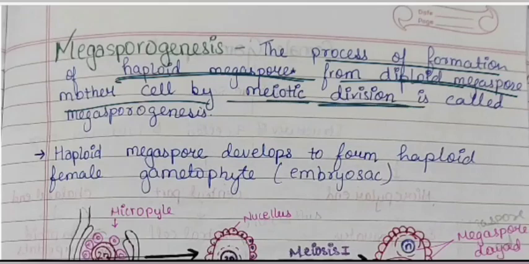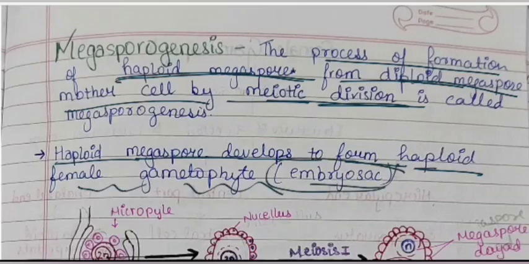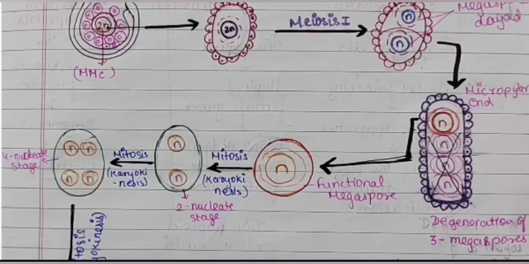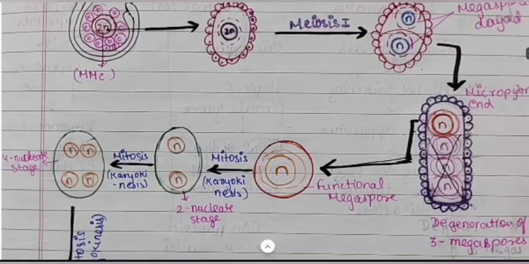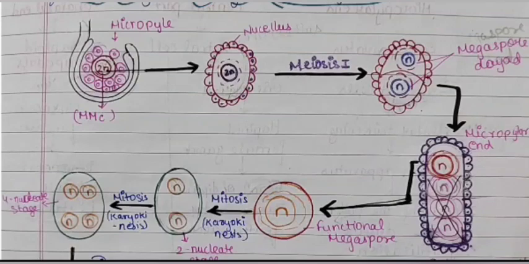Okay, the haploid megaspore develops to form the haploid female gametophyte, that is the embryo sac. Now this is the diploid megaspore mother cell, inside which the nucleus is present, okay. Then it is followed by meiosis first.